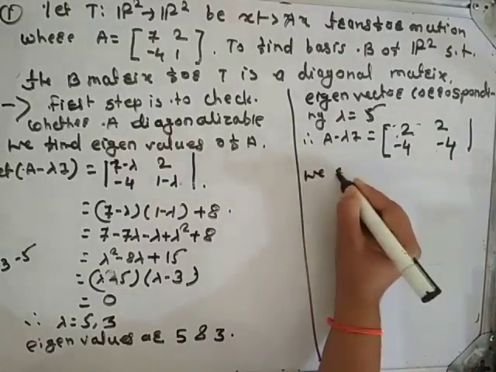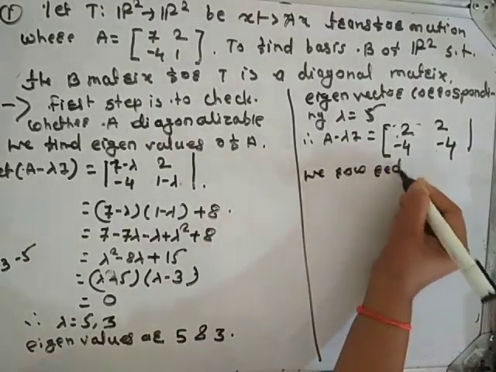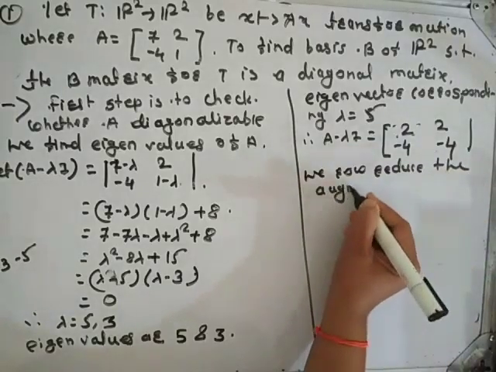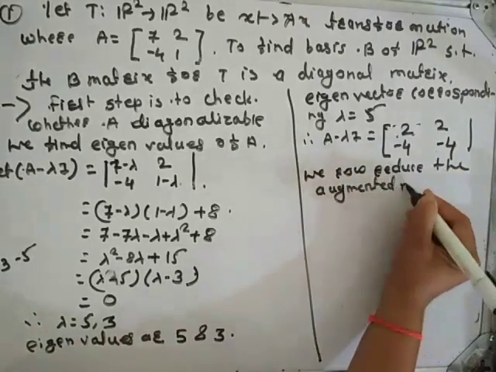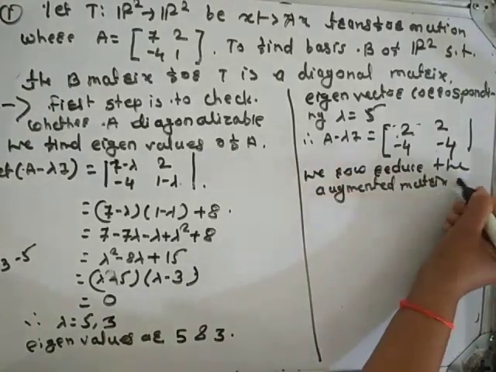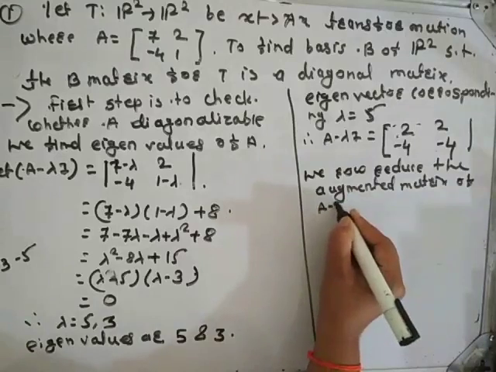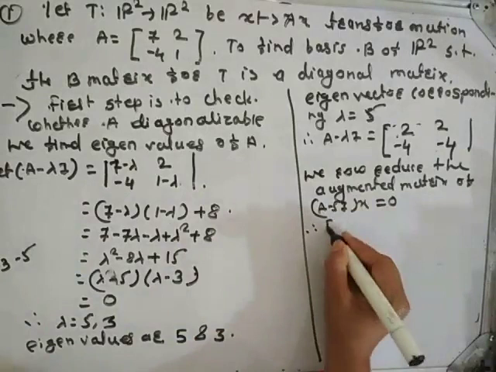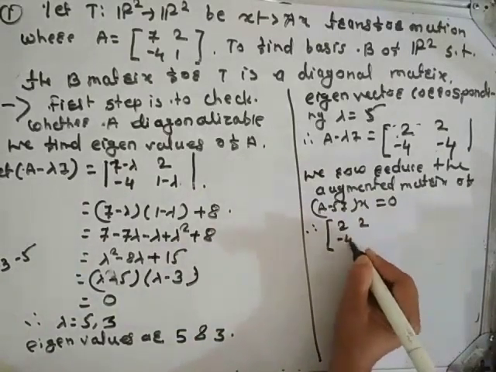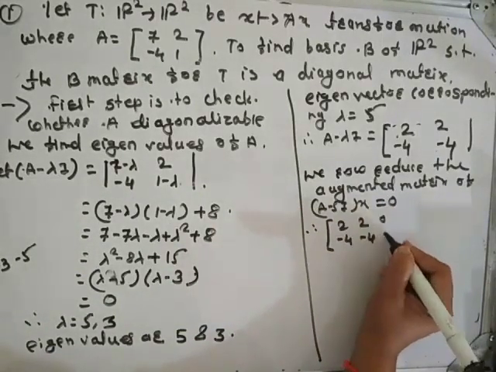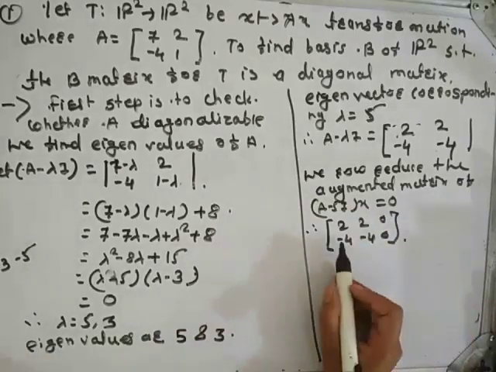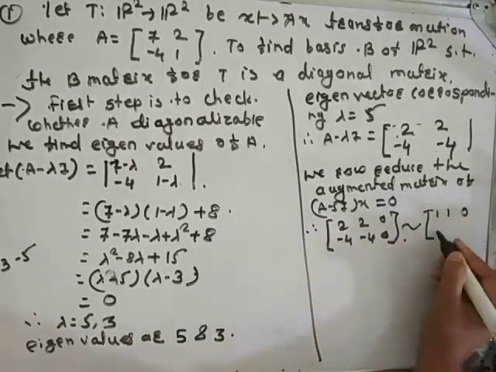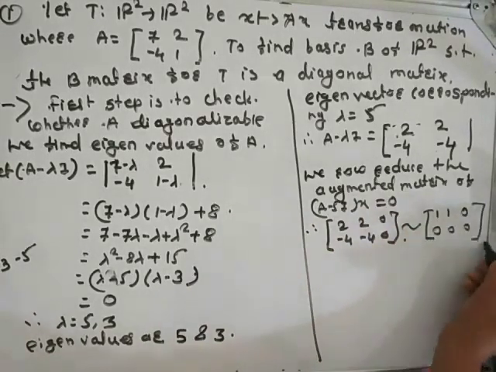We row reduce the augmented matrix of A minus 5I into x equals 0. So its augmented matrix is 2, 2, 0, minus 4, minus 4, 0, which is equivalent to 1, 1, 0, 0, 0, 0.